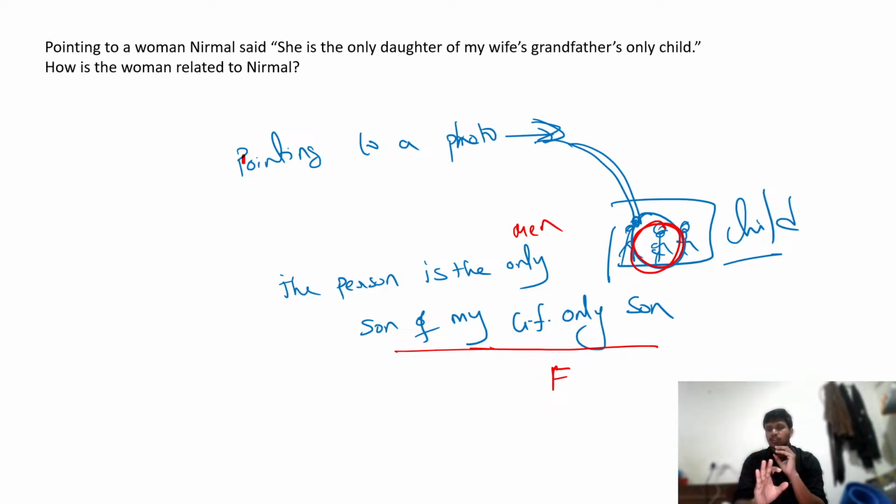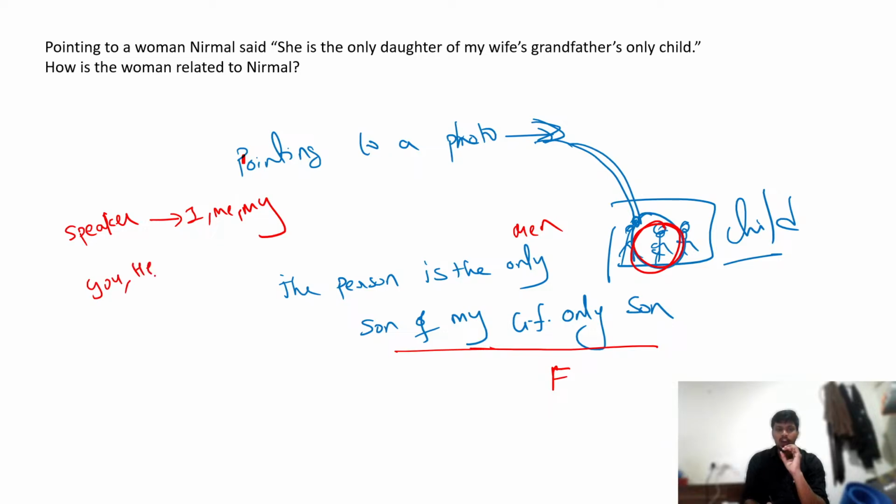So how are you going to solve these kinds of statements? The first thing, before solving, is to identify who the speaker is. Why? Because whenever you see the words I, me, my, that is the speaker talking about himself. Next, try to identify the words you, he, the person.